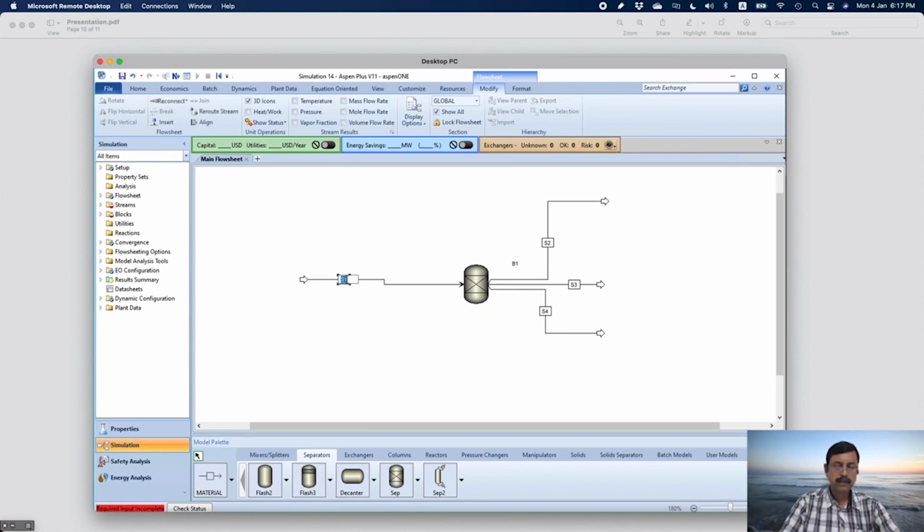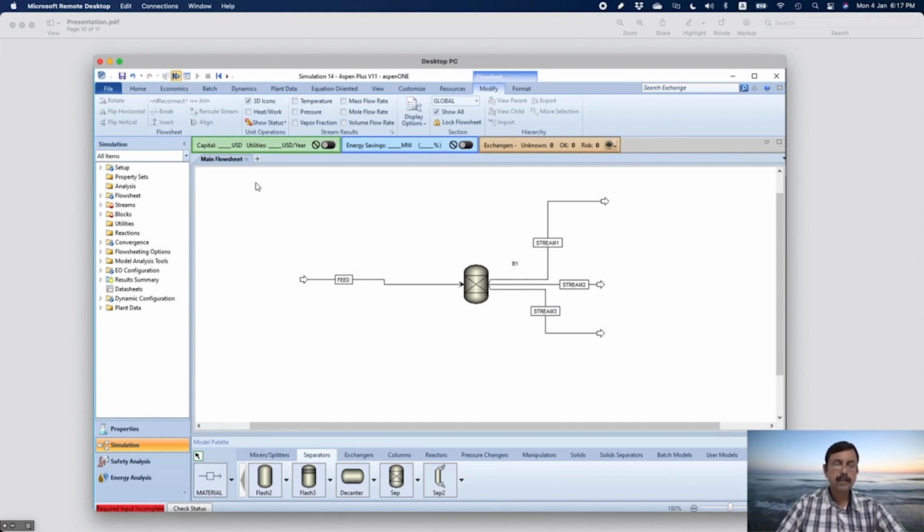Rename them as feed, stream 1, stream 2, stream 3. Renaming is complete.